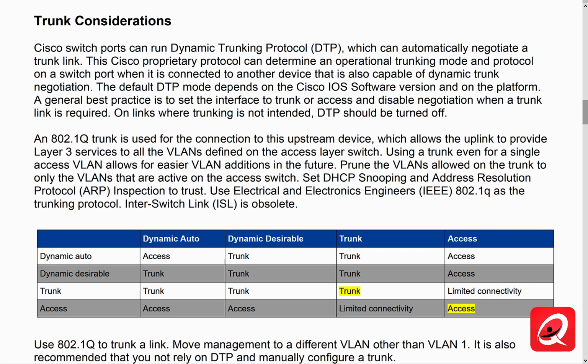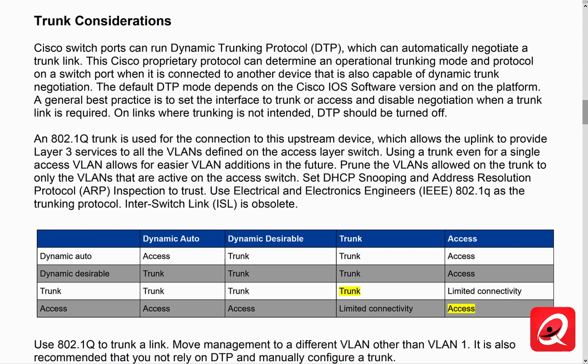And Cisco interfaces by default, when they become a trunk, unless pruning has already been previously configured, will allow every VLAN across that trunk that exists in the local VLAN database on the switch. So DTP, we had good intentions with this protocol to allow us to automatically negotiate a trunk link, but at the same time, it also opens up a lot of susceptibility.